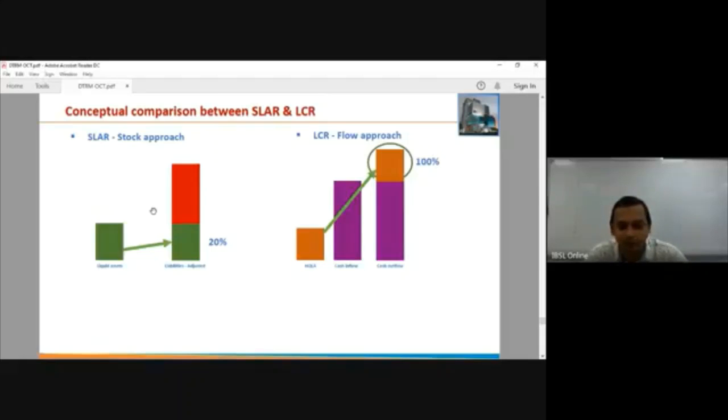Then we permitted any bank, right, to consider loans given to the government or government sector enterprises, SOEs, state-owned enterprises, which are guaranteed by the government.